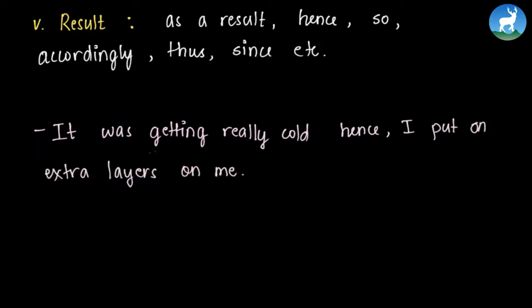It was getting really cold, hence, I put on extra layers. So because it was really cold, I put on extra layers. So this is a result of getting cold. Putting on extra layers is the result of getting really cold. So we use the result connective hence.